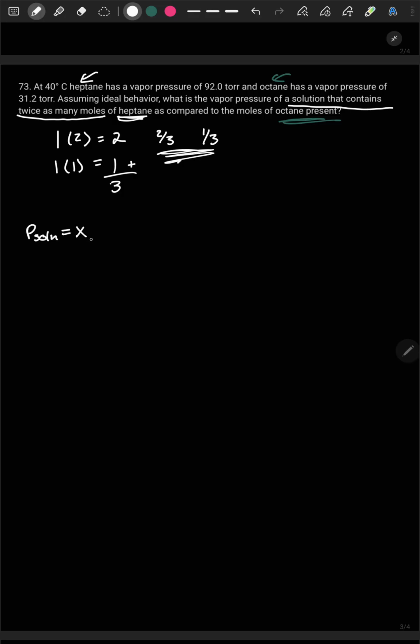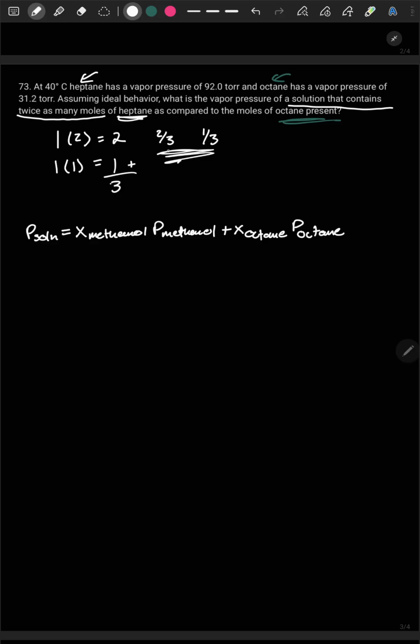And so we can have X of methanol times the pressure of methanol at 40 degrees plus the mole fraction of octane times the pressure of octane at 40 degrees. Or that is not dependent on the 40 degrees, sorry. We can just go ahead and plug this in.